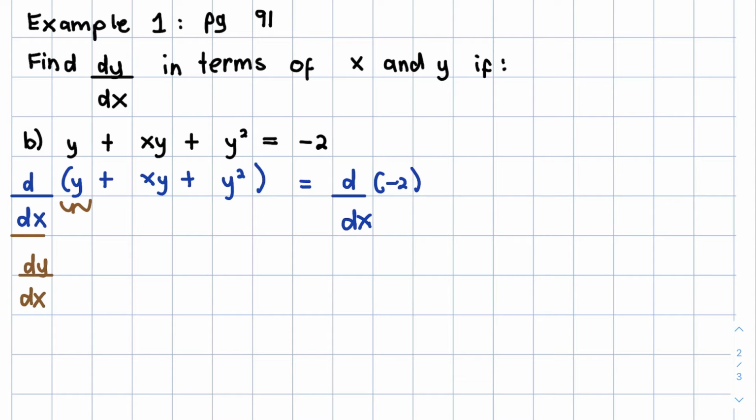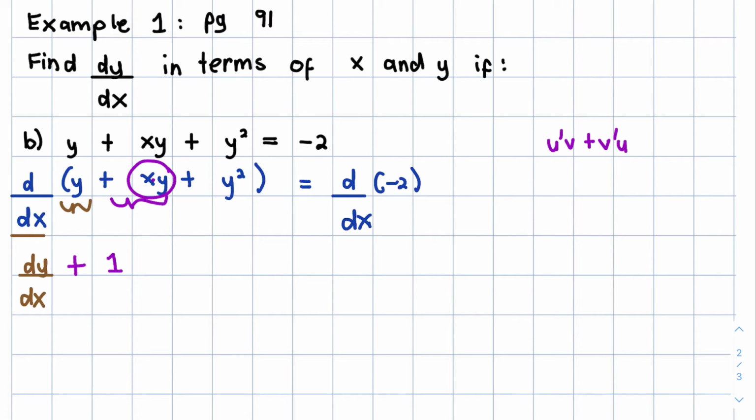Plus, the second term is xy. Now this xy is a product, so you have x multiplied by y, two different variables. So what you do is use your product formula, if you still remember: the product formula gives you u prime v plus v prime u. Since u is x, u prime, which is dx over dx, will give 1.